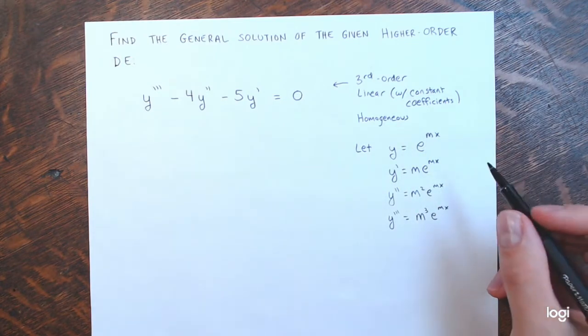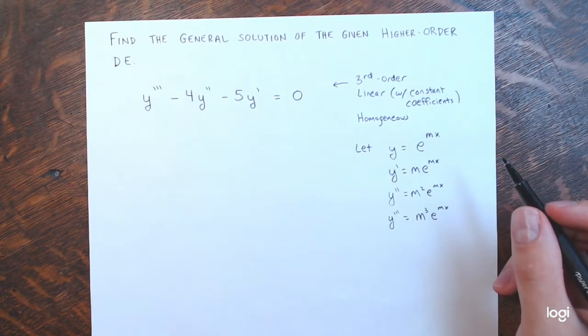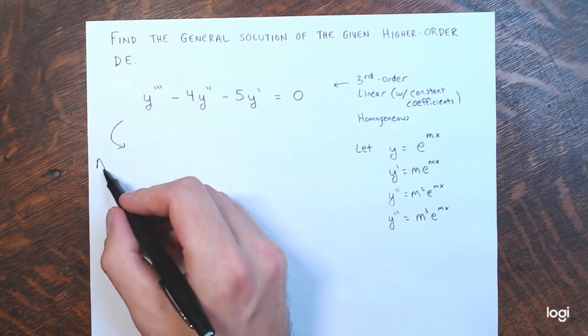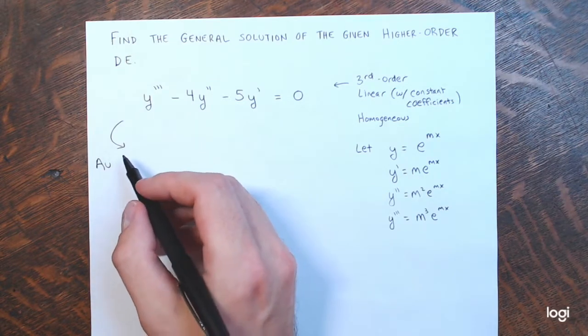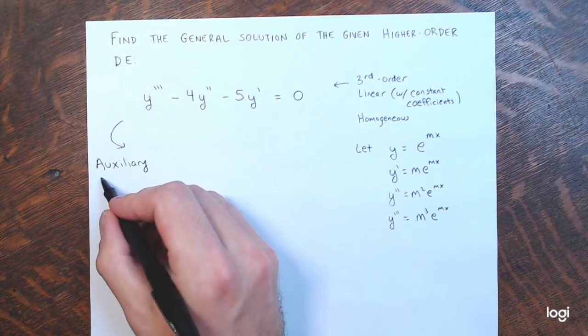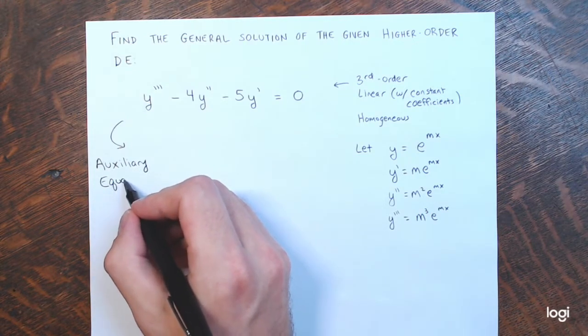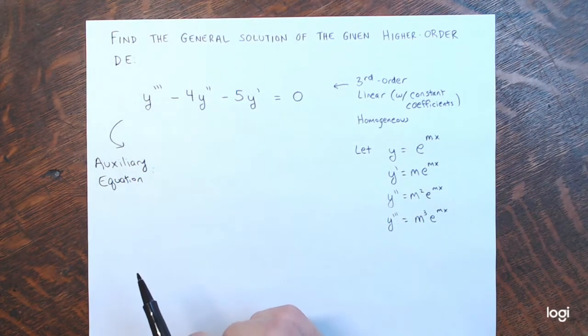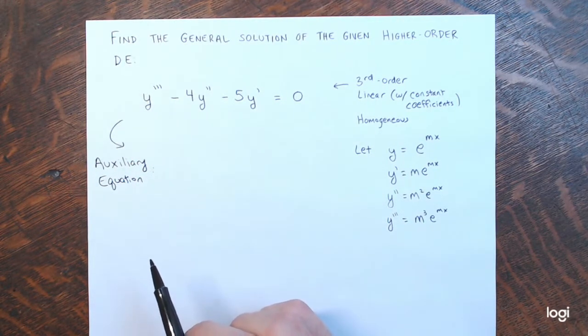E to the mx is never going to be 0, for real values of x and m. And we get what's called the auxiliary equation, or characteristic equation in some books I've seen, associated with this particular differential equation.